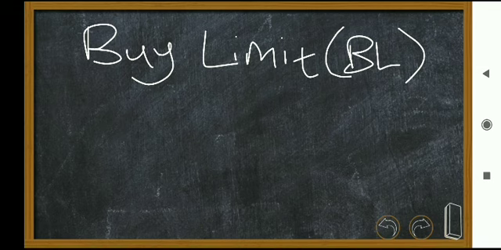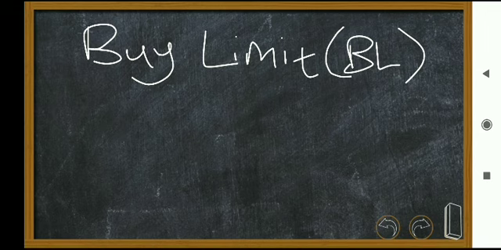What do I mean by opposite points? A buy limit will be set below the current market price. Just because it's a buy limit doesn't mean it has to be set above market price like the buy stop. Remember, the buy stop, you set it above market price, but then the buy limit is set below the current market price.